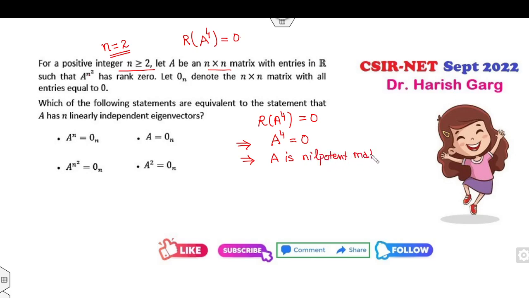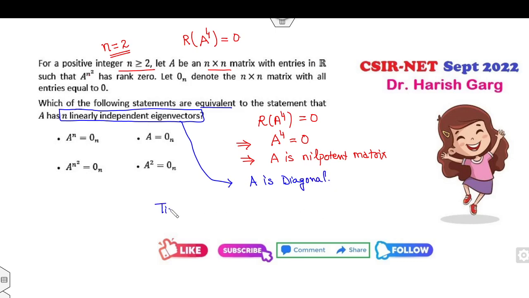Is it fine? Now, 0 is the 2 cross 2 matrix. Which of the following is equivalent to the statement that A has n linearly independent vectors? If A has n linearly independent vectors, that means A is diagonalizable. Fine.